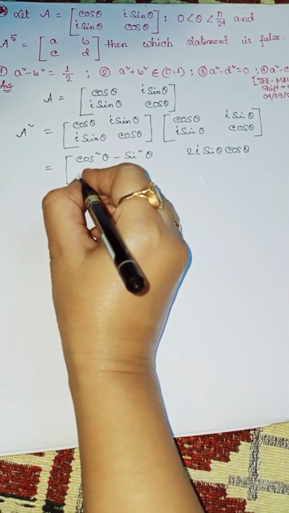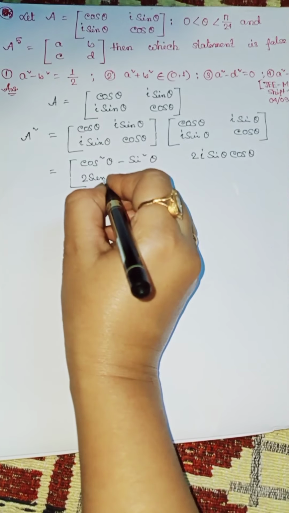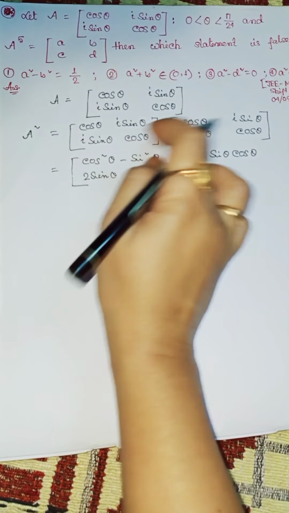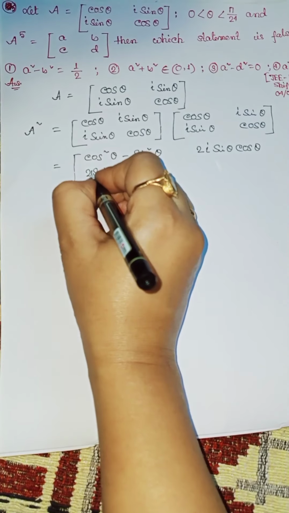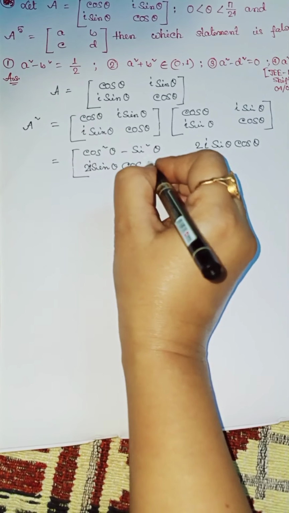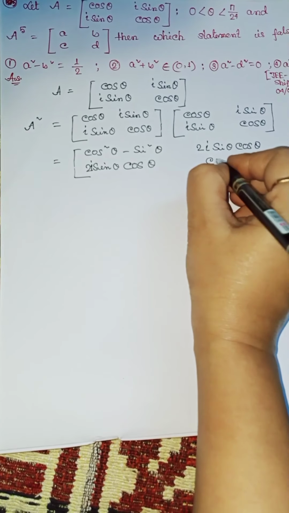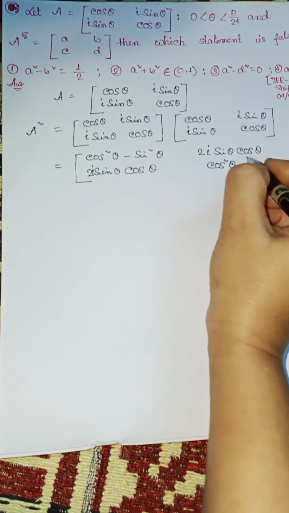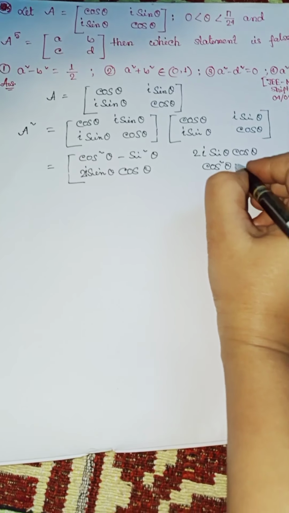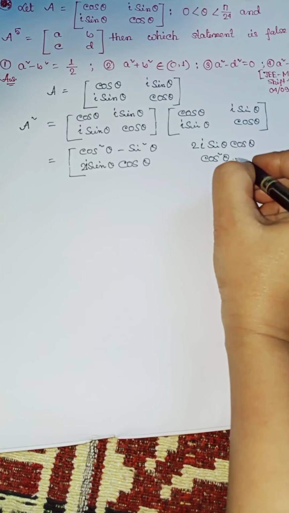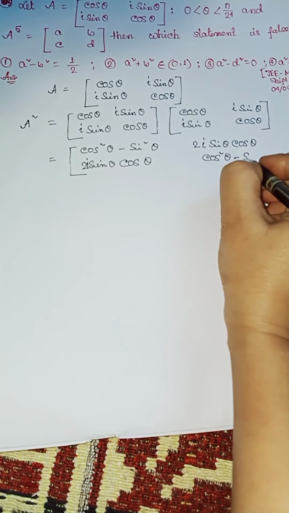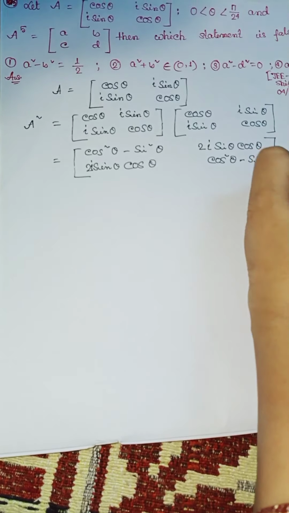Once again it is 2i sin theta cos theta, and the last entry is cos square theta plus i square sin square theta, that is minus sin square theta.